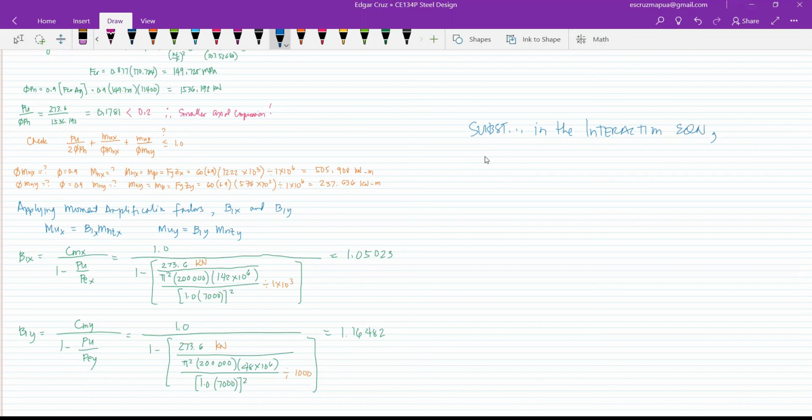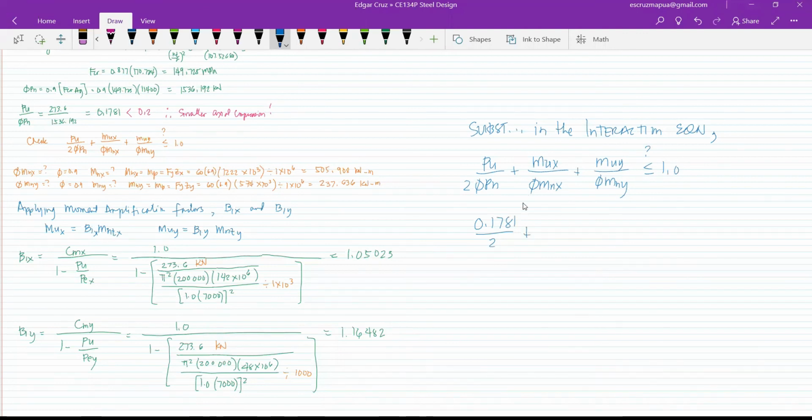So yun yung PU over VPN over 2 plus MUX over VMNX plus MUY over VMNY. Check natin kung adequate siya by checking if it is less than or equal to 1. Okay, yung first term, meron na tayong value ng PU over VPN. Diba? Yun yung 0.1781. Tapos di-divide na lang natin siya ng 2. So yan yung first term.